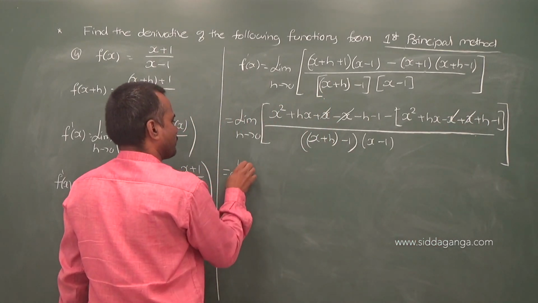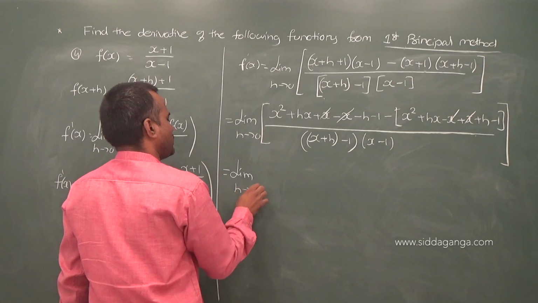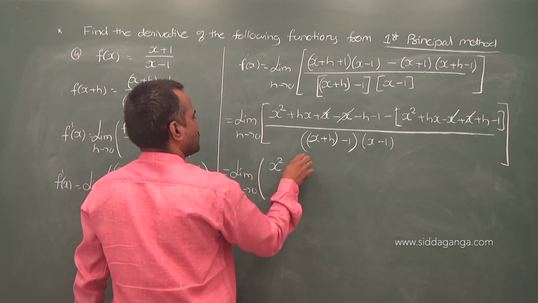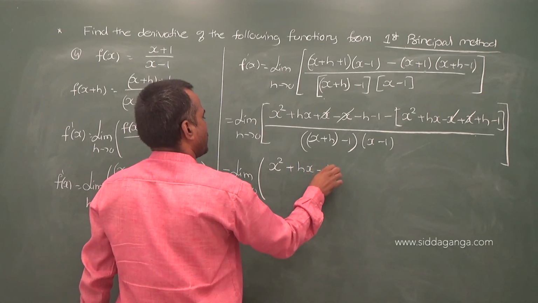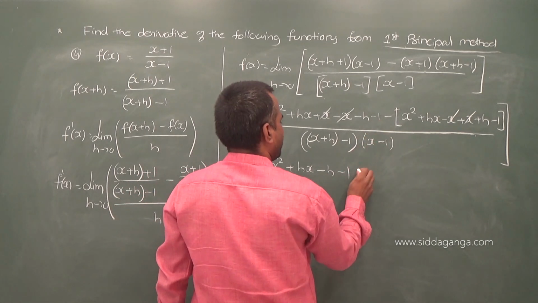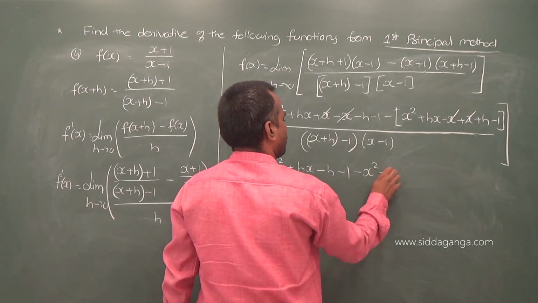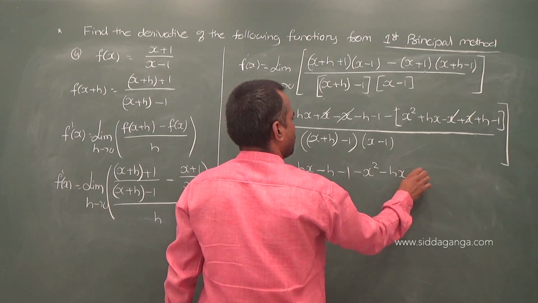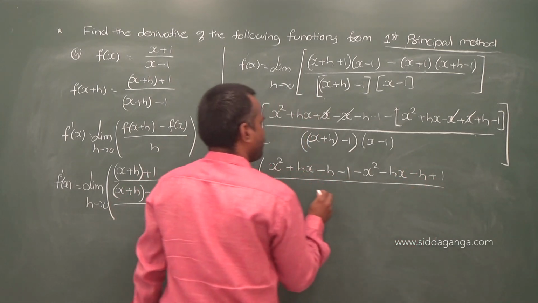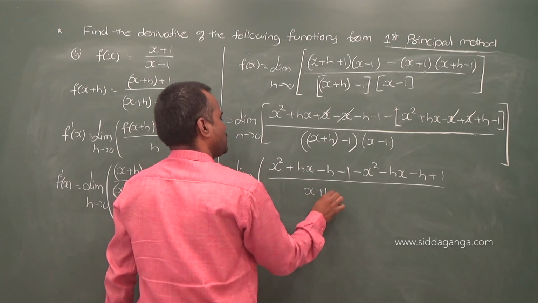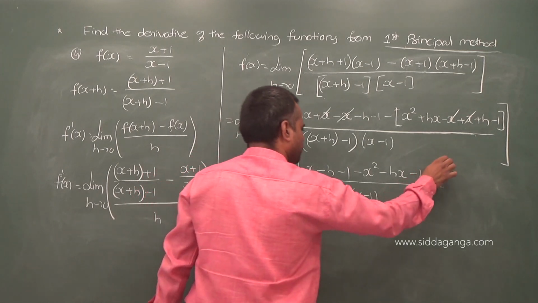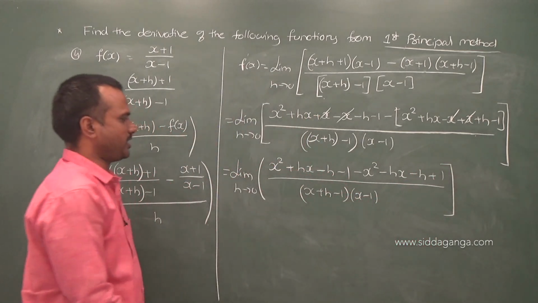So limit h tends to 0, x square plus hx minus h minus 1, multiplied by the negative sign, minus x square minus hx minus h plus 1, whole divided by (x plus h minus 1)(x minus 1).